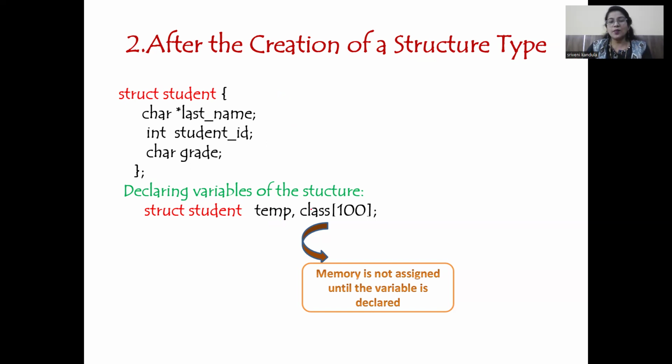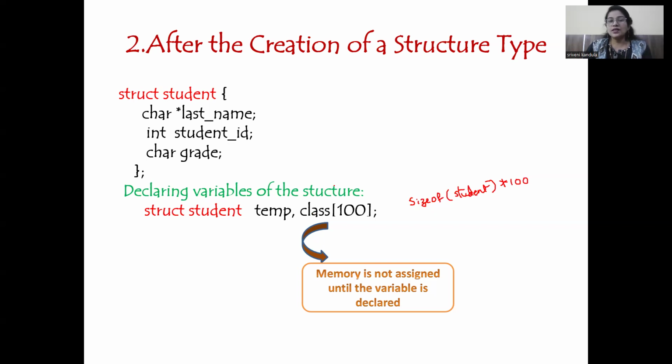Similarly, our structure is student, and based on the size of this structure, a total of 100 variables of type class will be created. An array of size 100 we have created, so this much memory space will be allocated. It is allocated after the declaration of the variable, not when you define the structure, but when you declare a variable. This is the beauty of structure.